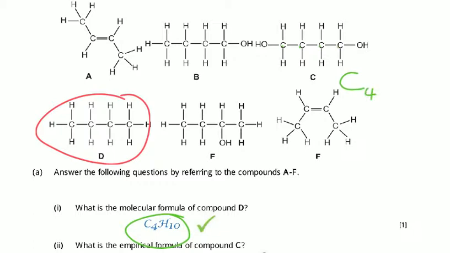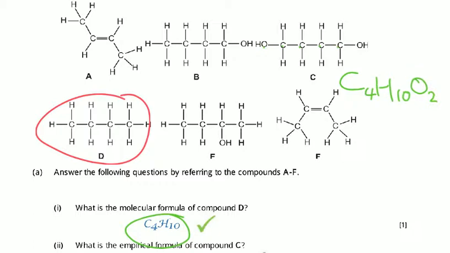The hydrogens we have are 1, 2, 3, 4, 5, 6, 7, 8, 9, 10. So that's H10. And finally we have 2 oxygen atoms, one here, O2.